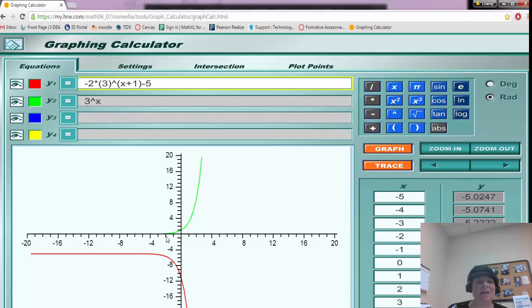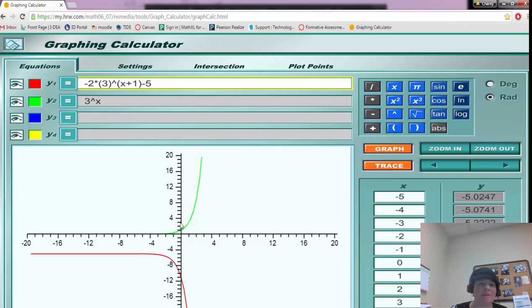All right, so let's look at our differences. Here's our general one. What did we do with this one? We flipped it, right? And that was the negative. And then the 2 kind of made it go, well, 2 times -5, it moved it down to -10, if you can see that, where it crosses, because you're upping it by a factor of 2, plus you -5 down, so it kind of went way more down.